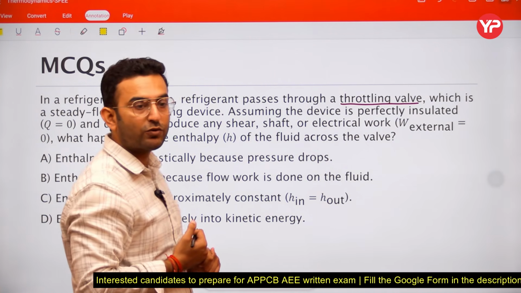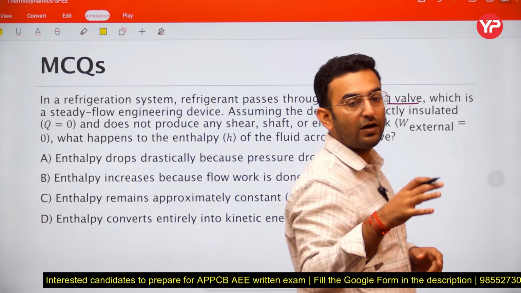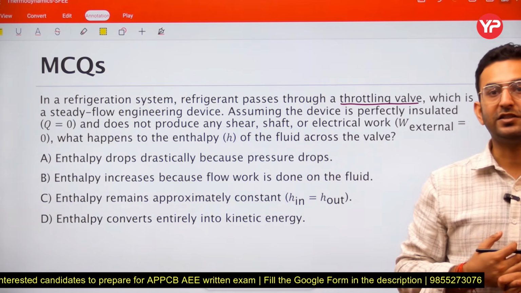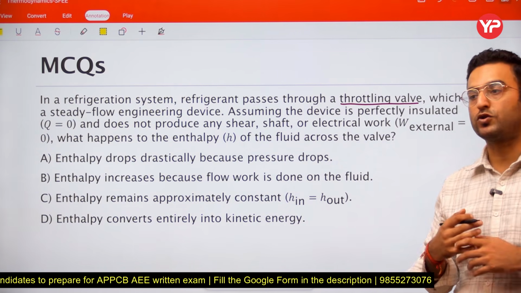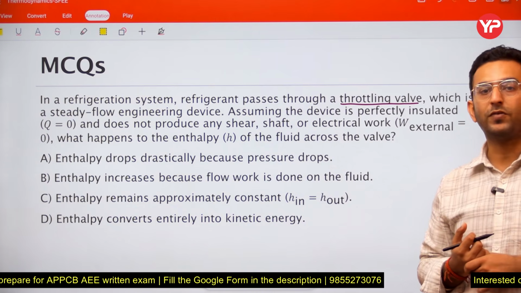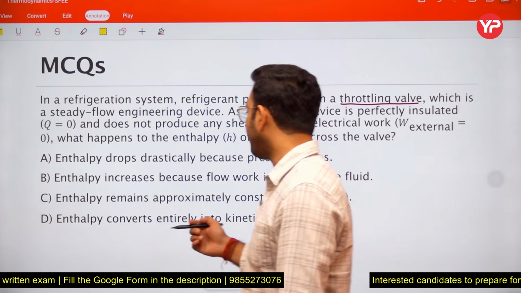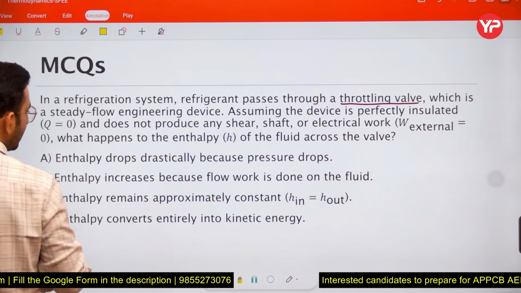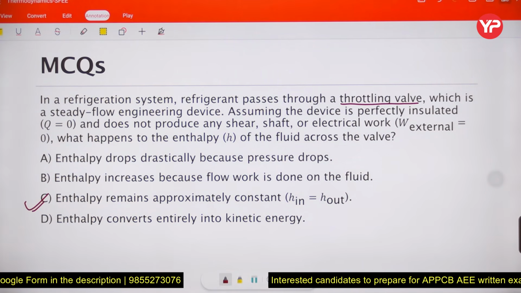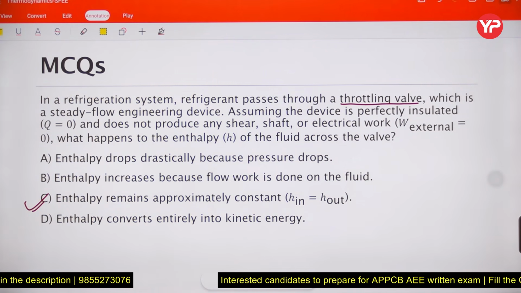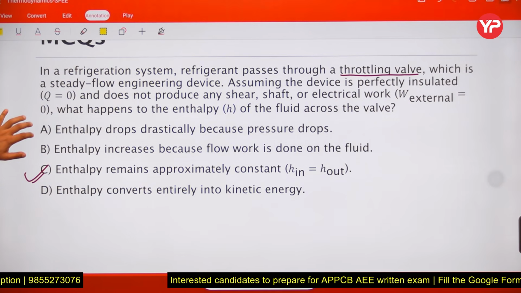In the case of a throttling process, there won't be any change in kinetic energy, there is no change in potential energy, and the corresponding heat and work transfer are also 0. So if you apply the steady flow energy equation, you are going to find the enthalpy remains constant. So option number C will be the correct answer in this case. Enthalpy is going to remain approximately constant here.